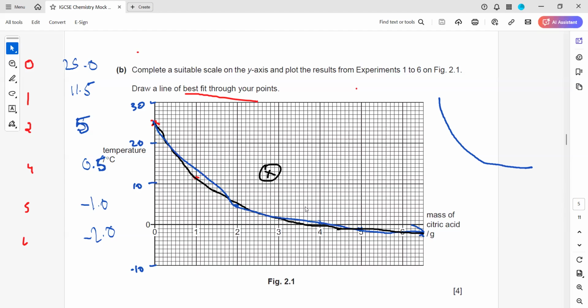So we have to join the points. That is a line of best fit through the points. It's just a best fit curve you will draw, because this statement gives you an idea: draw a line of best fit through your points. So you have to join your points.